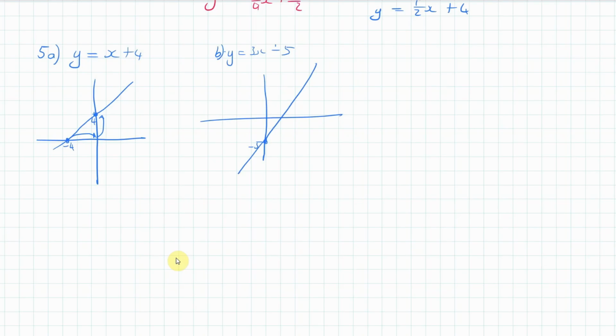And if you want to find out where it crosses here, that's when y equals 0. So you can quickly rearrange this. So if y is 0, 0 equals 3x minus 5. And you just rearrange this, so 5 is equal to 3x. So x is equal to 5/3. So it crosses the x-axis at 5/3. And that is all you need for that one.